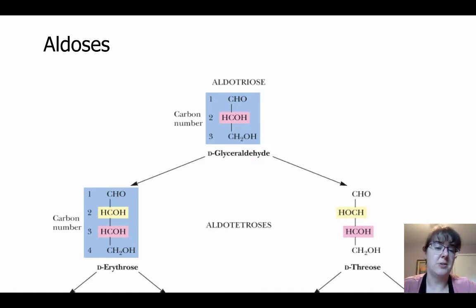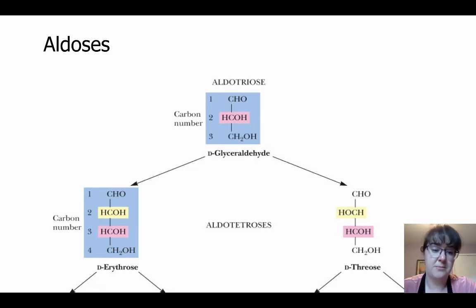Starting with D-glyceraldehyde, with only 3 carbons, as we add another carbon to this, we then get 2 completely different options. Even though we're holding that carbon highlighted in pink with the same stereocenter, since we've added one that's now highlighted in yellow, you see now we have 2 completely different carbohydrates.